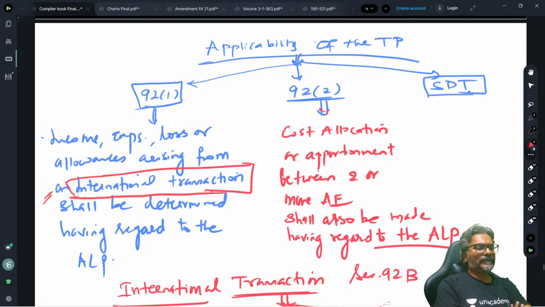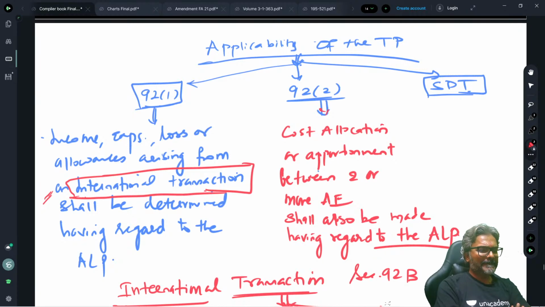Is that clear to all of you, students? So even this allocation or apportionment between two or more associated enterprises shall also be made having regard to the arm's length price. I hope that all of you are clear with this one.